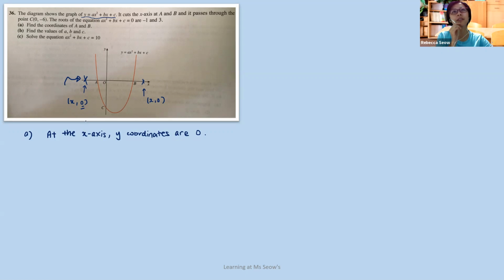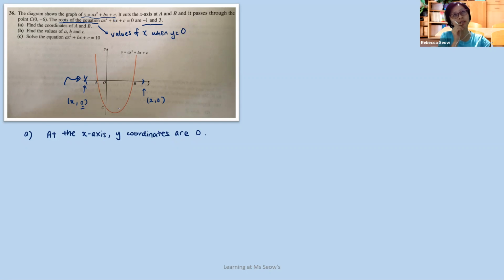Now furthermore, it's also mentioned that the roots of the equation ax squared plus bx plus c equals 0 are -1 and 3. What does this actually mean? Roots of the equation mean the values of x when y is equal to 0.